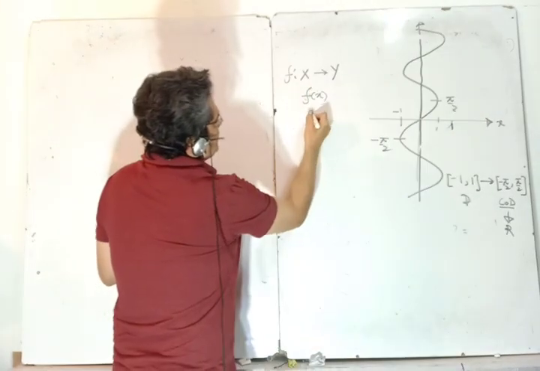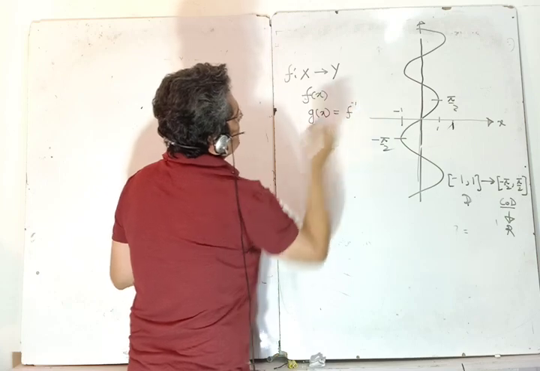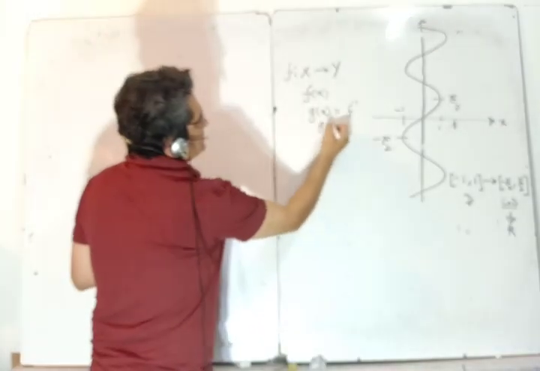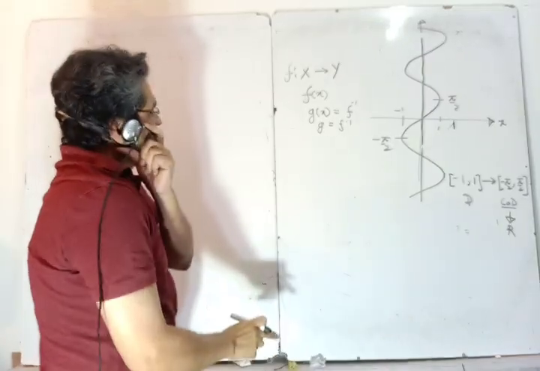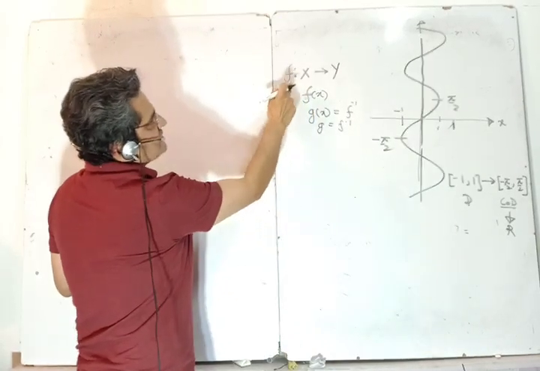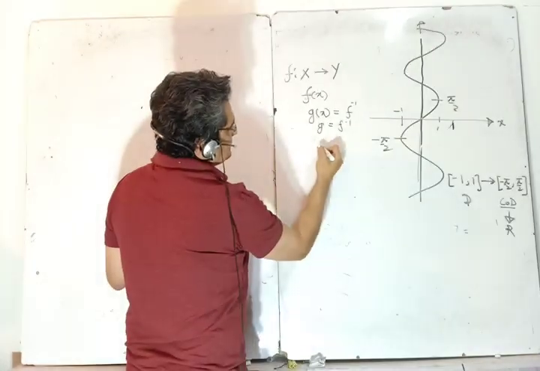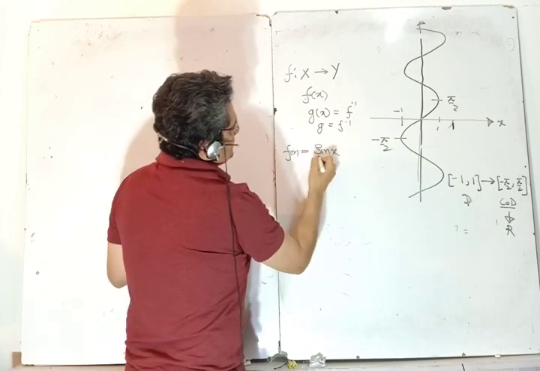I can have a function g(x), which is nothing but inverse of f. I have a function g, which is inverse of f. And when I have that, I need two things. One, the original function. What is the original function in my case? Original function is sin x. f(x) is equal to sin x.